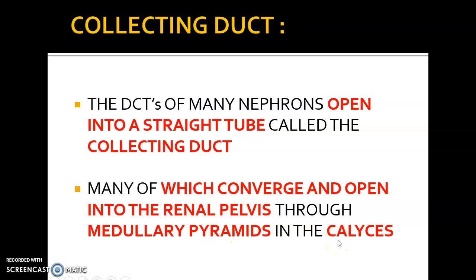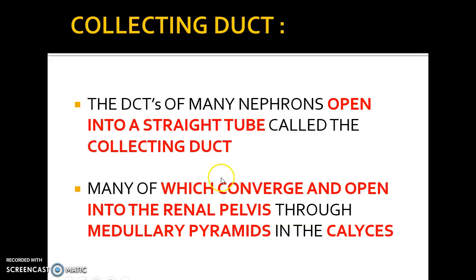So what is happening here? You can see that the collecting duct will open into the renal pelvis. You know, the renal pelvis is a funnel shaped structure. The terminal part of the renal pelvis is the renal calyces. To the renal calyces, which part of the kidney is associated? It is your medullary pyramid.